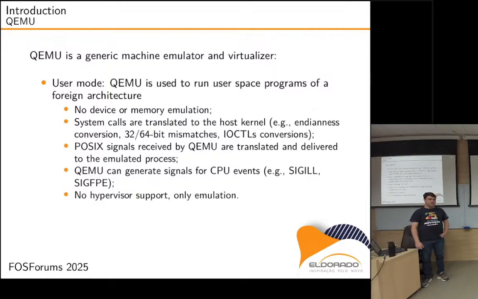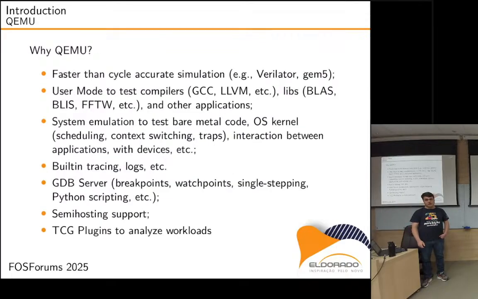So why use QEMU? Well, first, because it's faster than other simulators. If you have the RTL for your design, you can use something like Verilator, but it's very slow. The other option is Gem5, that is faster than Verilator, but it's quite slow.